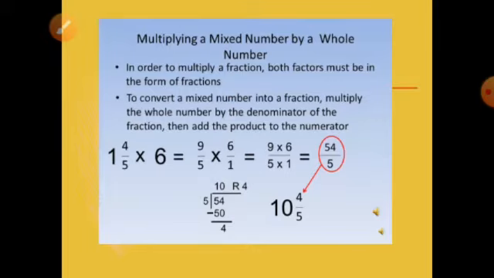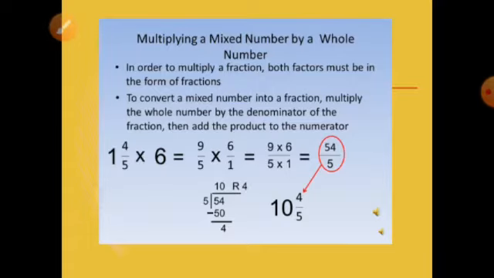Multiply the numerator with numerator, and then multiply the denominator with denominator. So numerator with numerator, 9 times 6 is 54, and 5 times 1 is 5. 54 upon 5. Since this is an improper fraction, we have to divide the numerator by the denominator and write the answer in mixed number form.